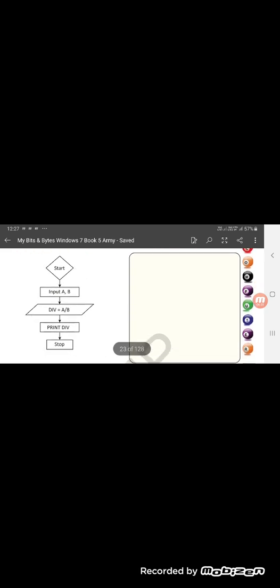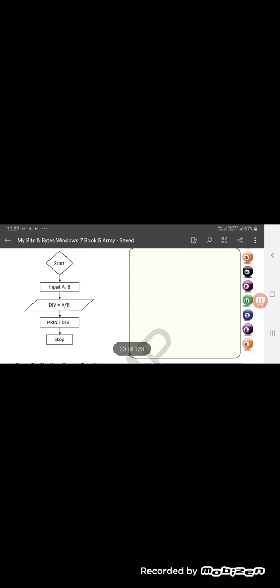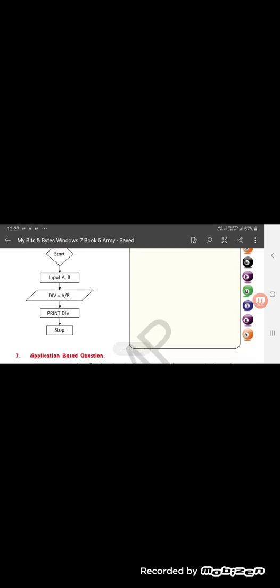Question number 6, redraw the following flowchart after correcting the symbols. What you have to do here is, start is not a rhombus, start is an oval. So first correction would be, the start box will be an oval. Now come to the next box. The input box would not be a rectangle. The input A B box will be a parallelogram.